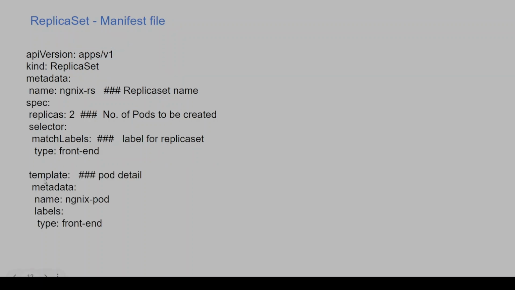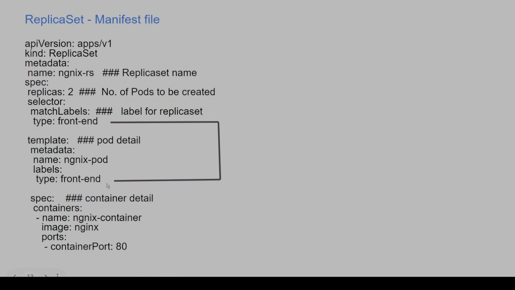For that, in our template section we will mention metadata, the name of our pod, and then labels. It should be the same label which we have given here, so it should be matching. Then only it will be able to know which pods it needs to control.